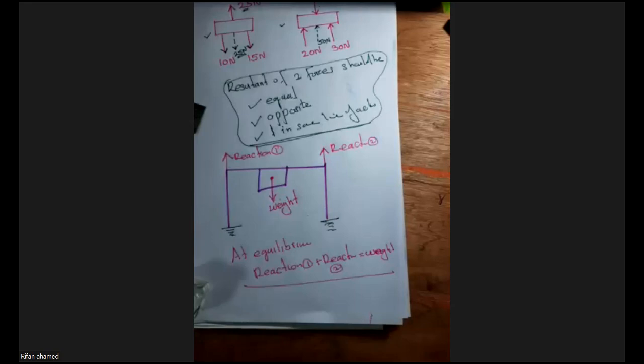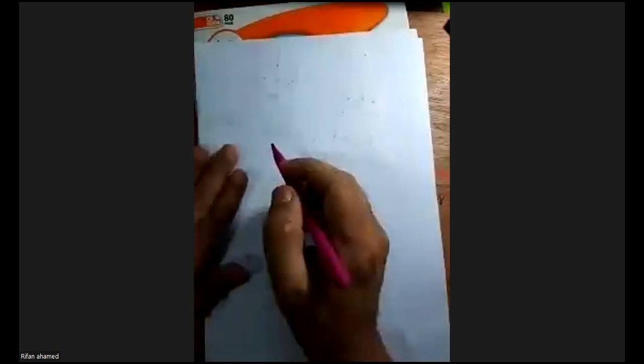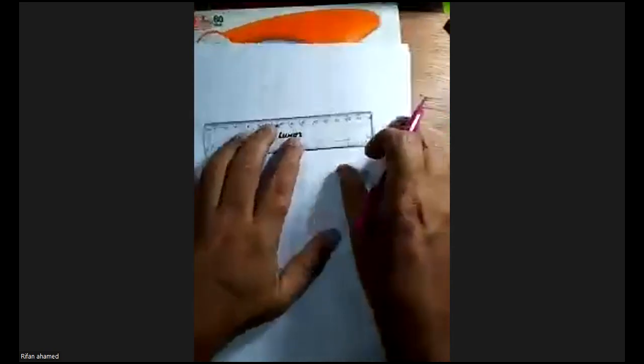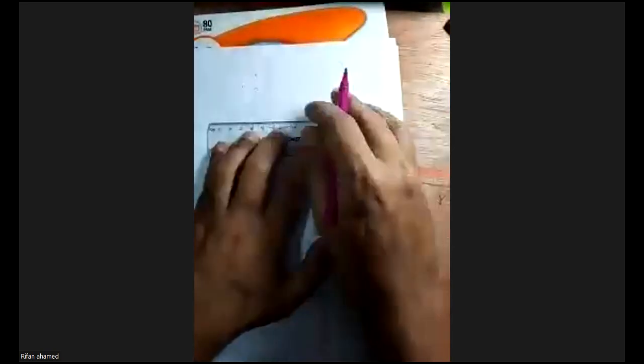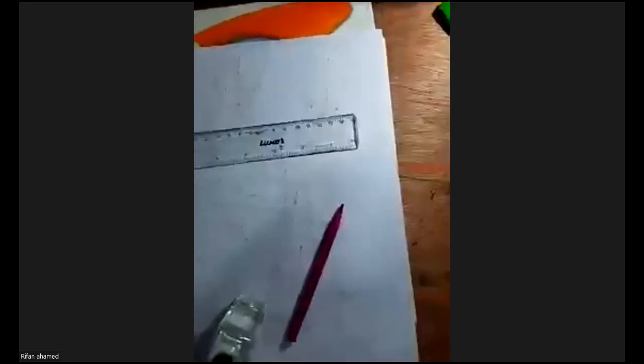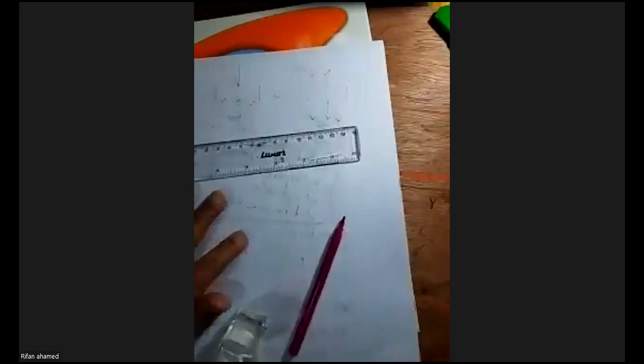What is the second example given to you? Read the second example. Hanging a fluorescent tube lamp from the roof.